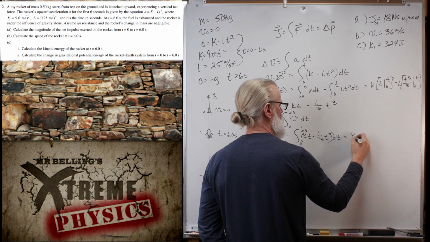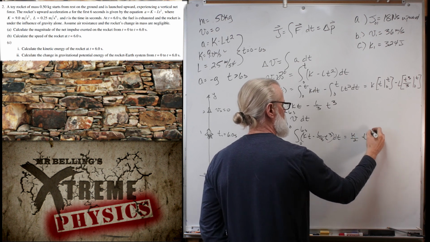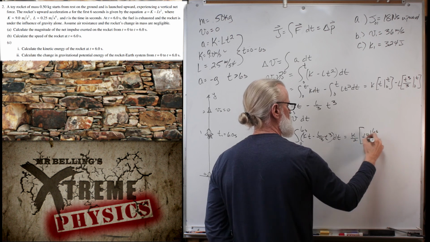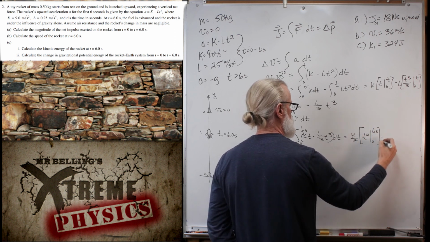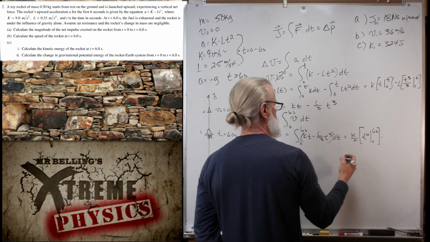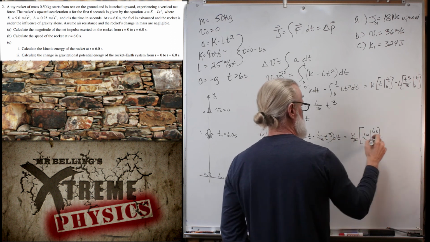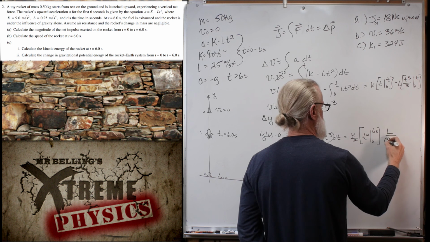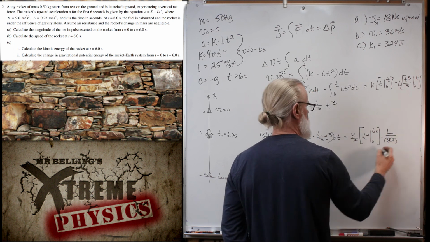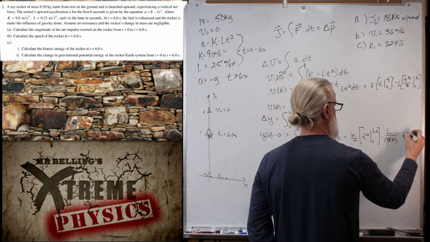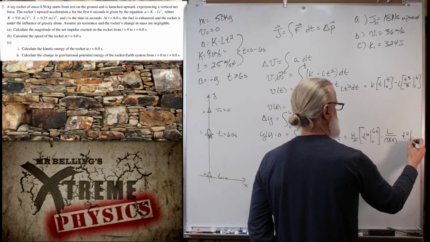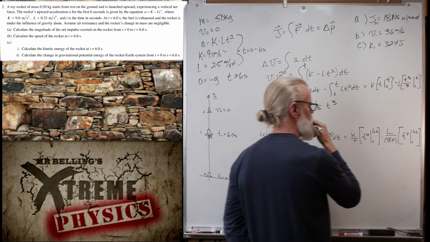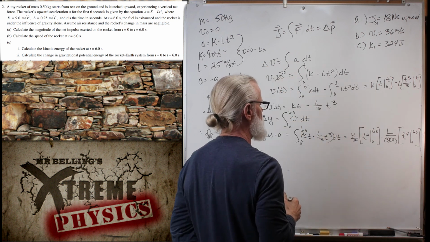That's k over 2 t squared, from 0 to 6 seconds, minus L over 3 times 4 t to the 4th, from 0 to 6 seconds. All right, I guess I have to plug some numbers in.